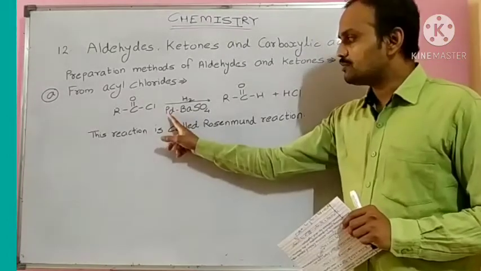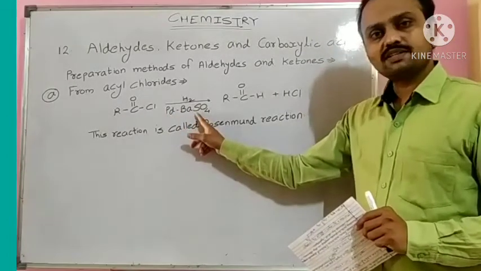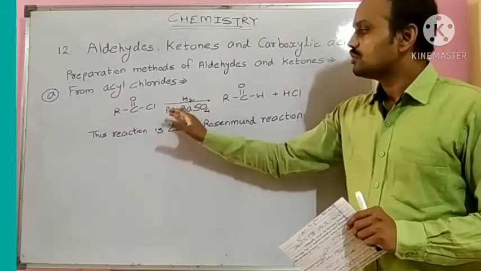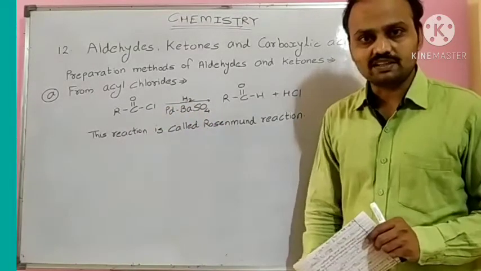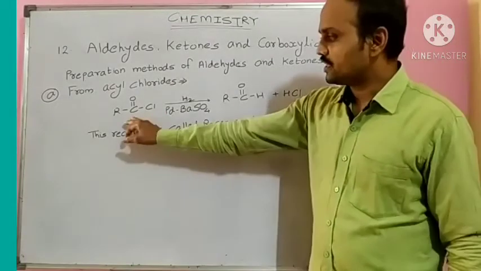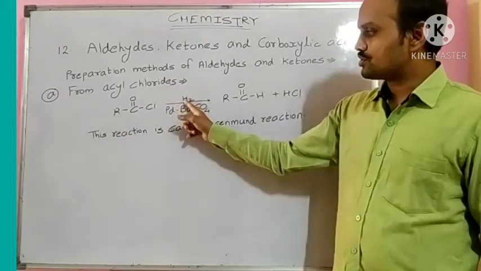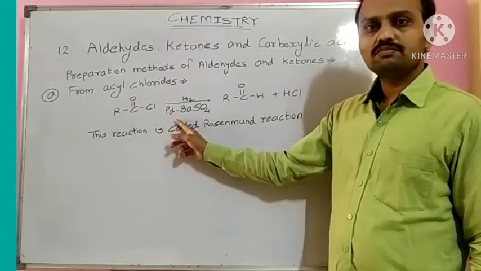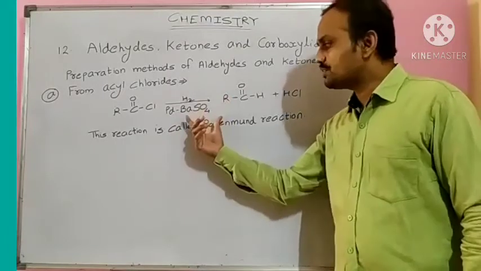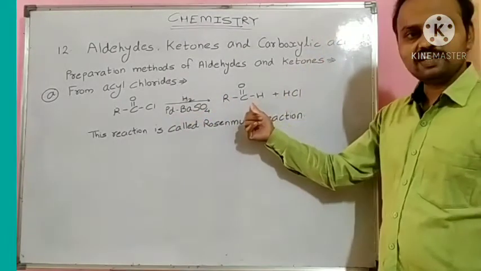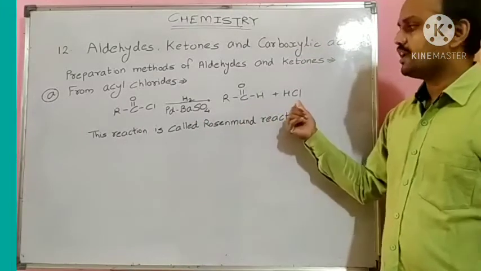This palladium is poisoned with barium sulfate to increase its activity. So the statement for the reaction will be: acyl chloride is reduced in presence of palladium metal poisoned with barium sulfate to give the corresponding aldehyde, byproduct HCl.